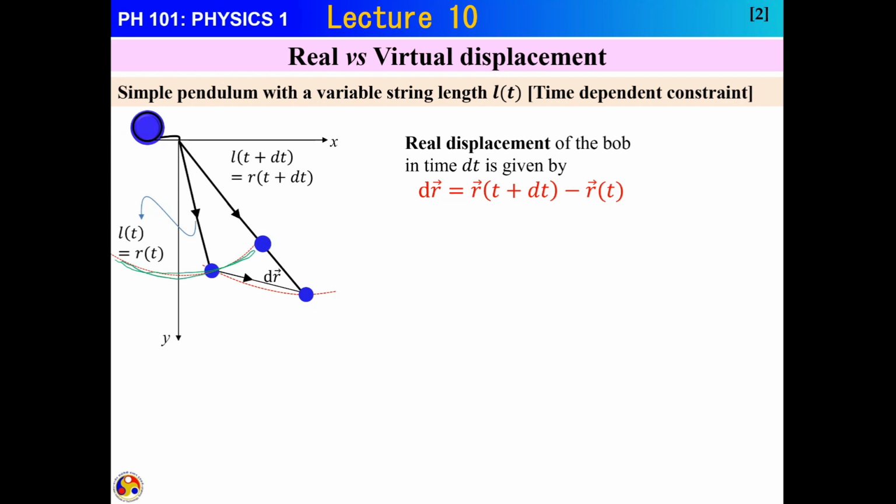That's very clear. But if the length of the pendulum is allowed to vary, then I have a time dependent constraint.